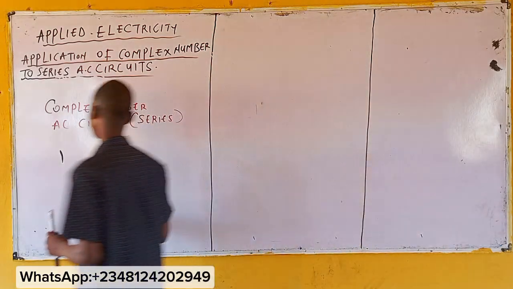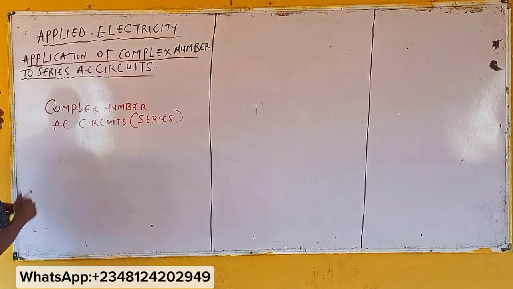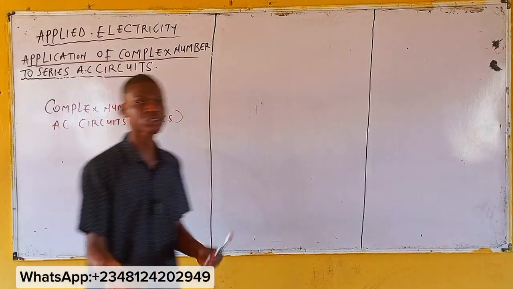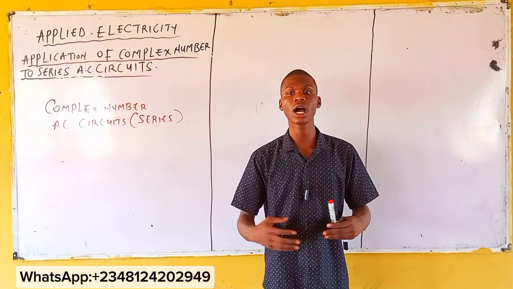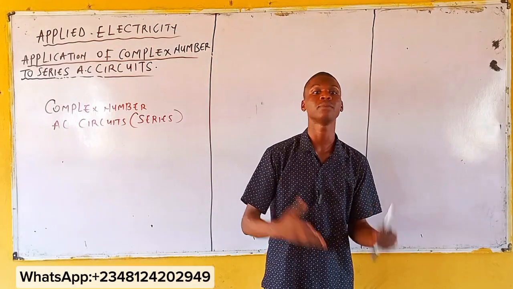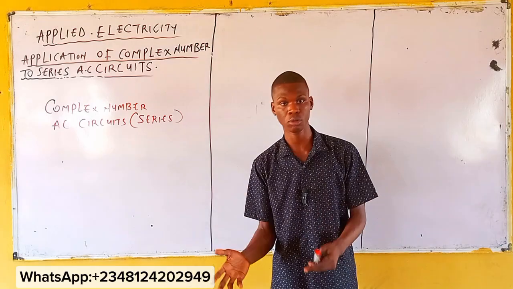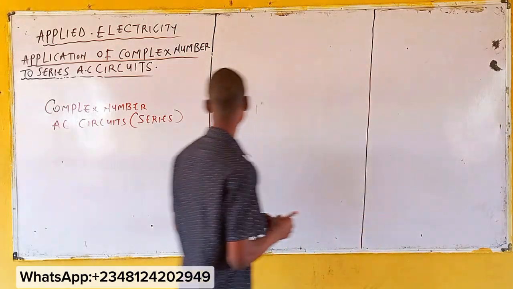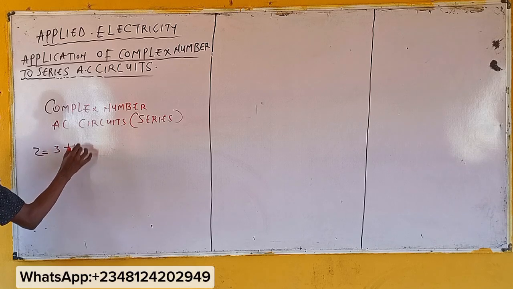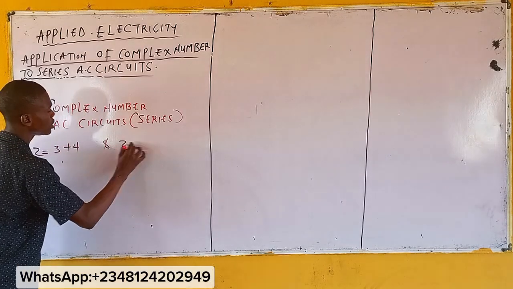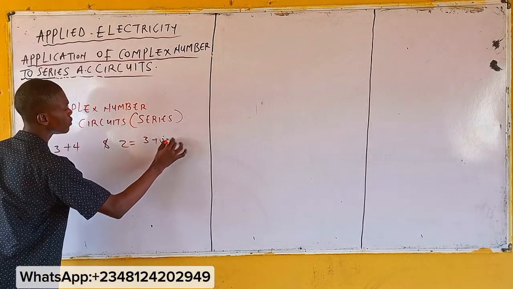Now, recall under complex number, by definition, what is a complex number? What makes up a complex number? When you have a mixture of real part and imaginary part, it becomes a complex number. Say you have z = 3 + 4, and z = 3 + j4.